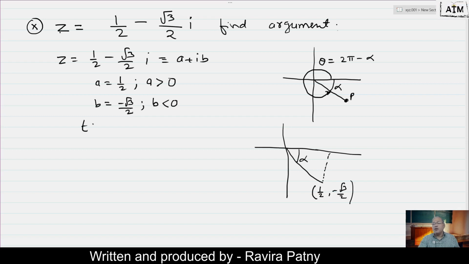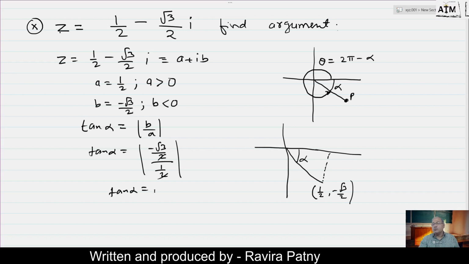Modulus of tan alpha equals minus root 3 by 2 upon 1 by 2. The 2s cancel. So tan alpha equals root 3. Alpha is equal to pi by 3.